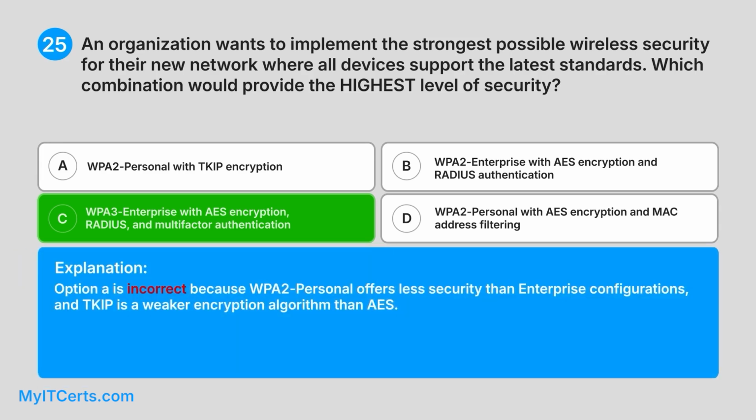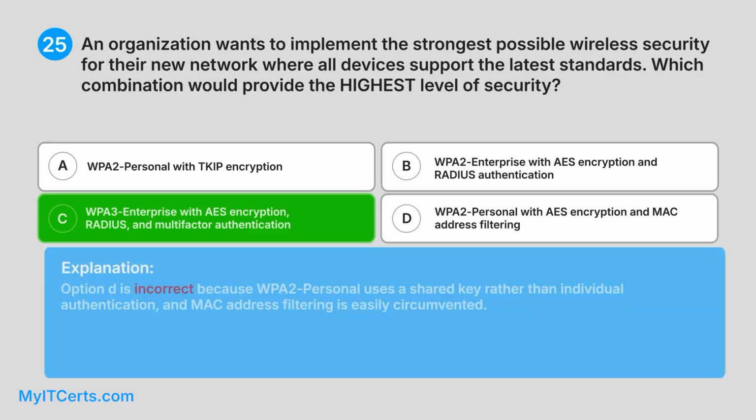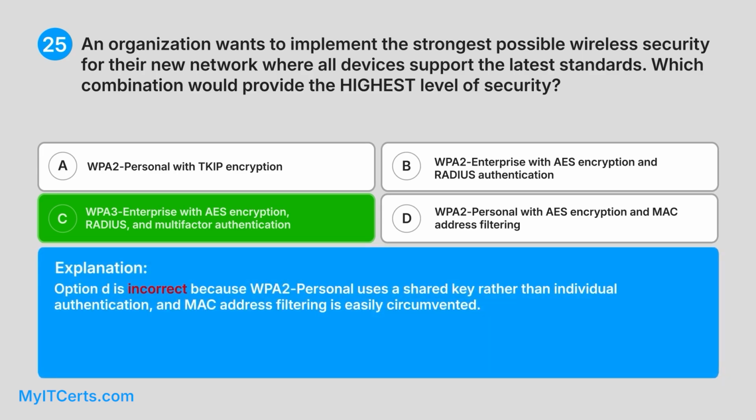Option A, WPA2 Personal with TKIP encryption, is incorrect because WPA2 Personal offers less security than enterprise configurations, and TKIP is a weaker encryption algorithm than AES. Option D, WPA2 Personal with AES encryption and MAC address filtering, is incorrect because WPA2 Personal uses a shared key rather than individual authentication, and MAC address filtering is easily circumvented.